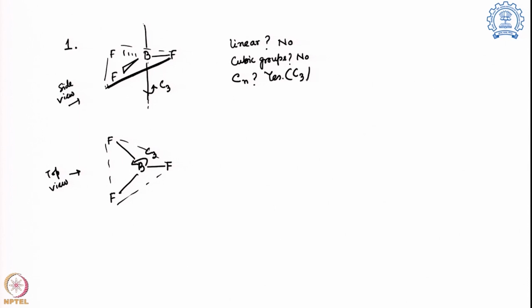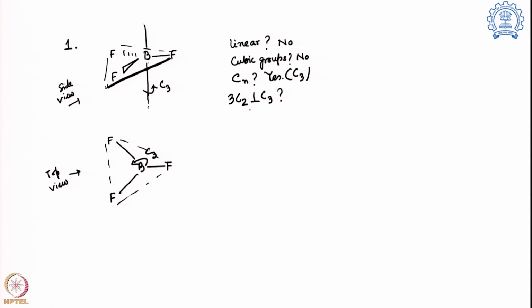Now, once you have a C3, it belongs to either single axis rotation or dihedral group. To figure out whether it is dihedral or not, the next question I will be asking, do you have 3 C2 perpendicular to your C3? So, it is n number of C2 perpendicular to your Cn. So, n is 3 over here.